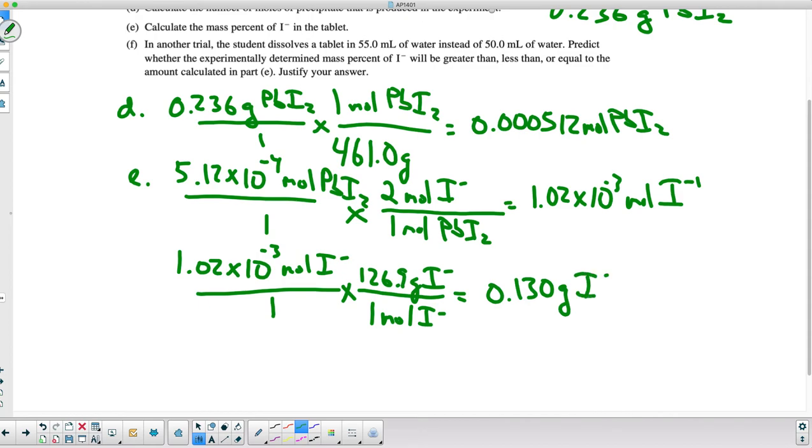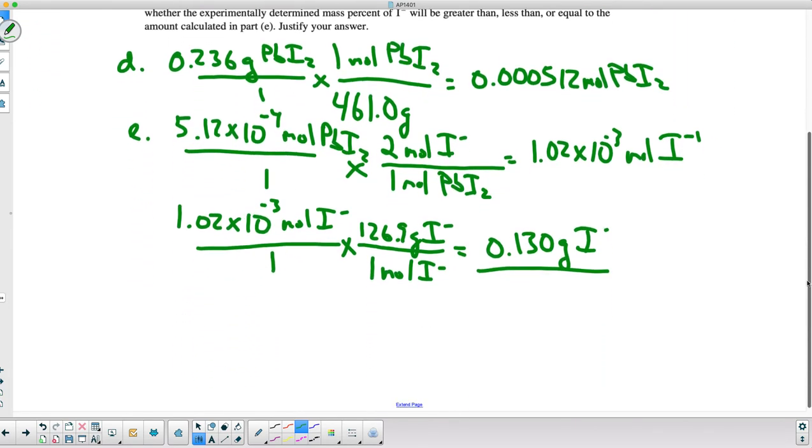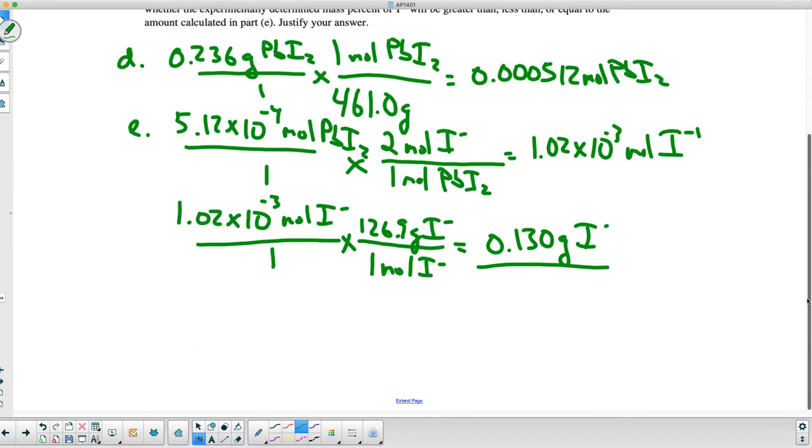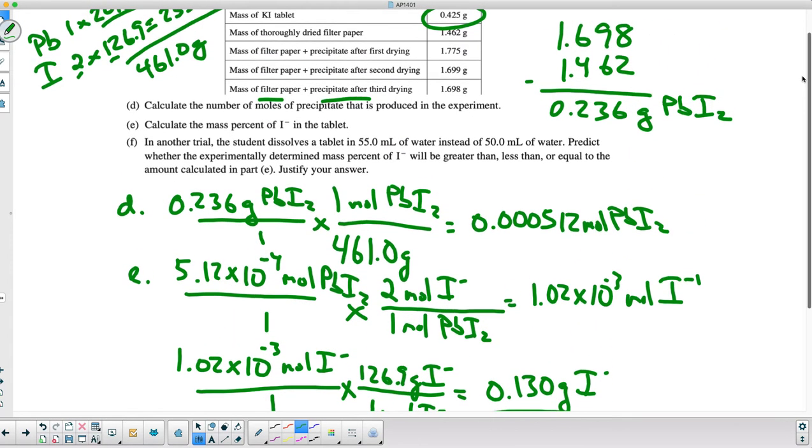Now that's good, because up here at the top, let me shift back up to the top. Come on, there we go. So now I'm looking at this right here. The mass of the KI tablet, of the 0.425 grams of that tablet, only 0.13 is actually iodide. I forget, is it 0.453 grams? 425.